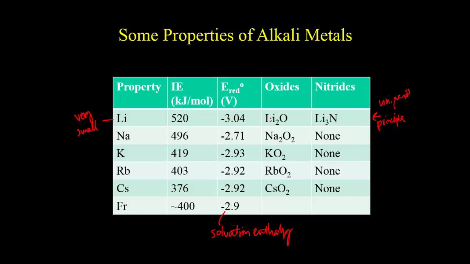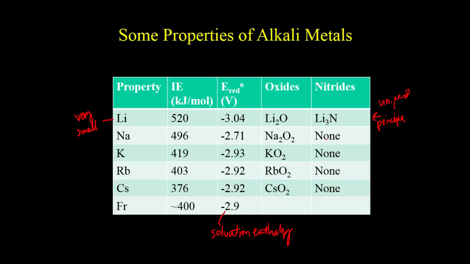Also, we see lithium oxide is the favored oxide, as opposed to sodium peroxide, and then potassium, rubidium, and cesium superoxide, because the superoxide is big and the large cation can stabilize it. Lithium is very small, so it can only stabilize the smaller oxide.